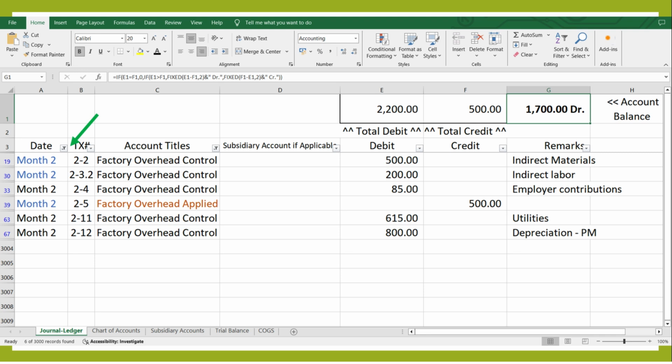Factory overhead control reflects the actual amount incurred, while factory overhead applied is an estimate. When actual costs exceed the estimate, it indicates that the costs allocated to cost of goods sold normal are insufficient, and we need to add under-applied overhead.